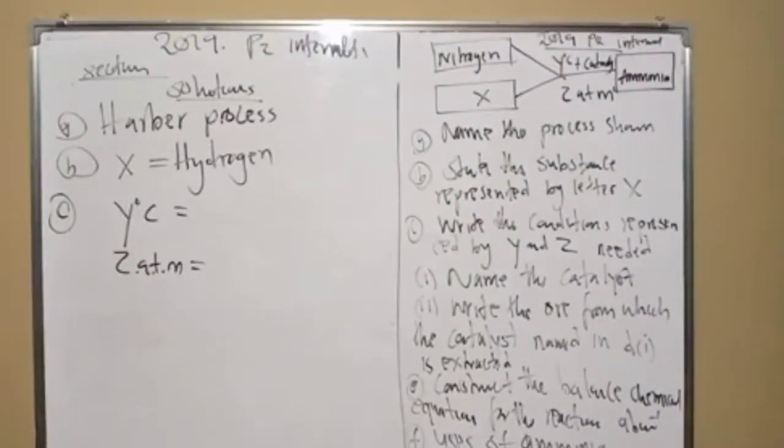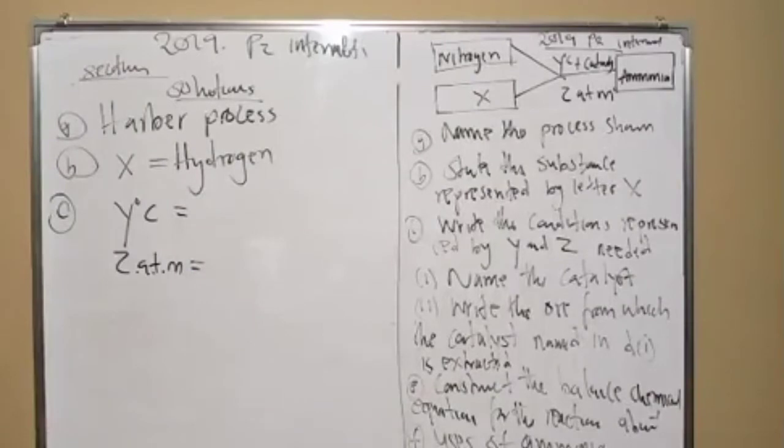Okay, let's answer. What are the conditions Y and Z? What are the conditions of the Haber process? Kelvin is saying 400 degrees Celsius to 500 degrees Celsius, and the atm 200.